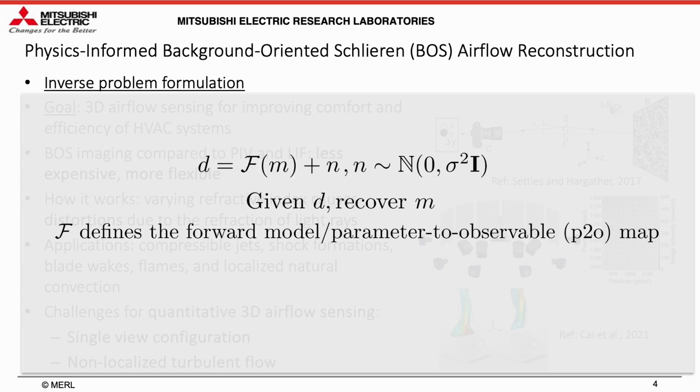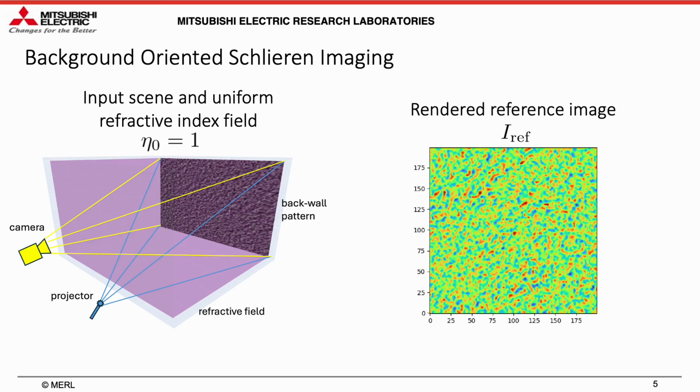And so our formulation or our perspective is to set this up as an inverse problem where we observe the Schlieren effect as the measurements D, and we want to reconstruct the airflow parameters, which we represent by M, and the observations are captured through a forward model F that maps from the parameter space to the observable space. And all this is in the presence of noise.